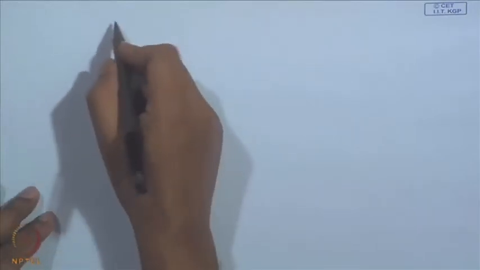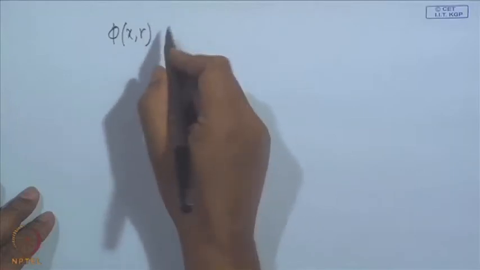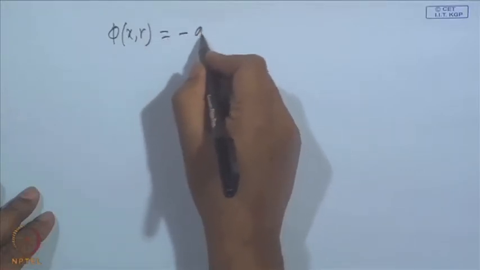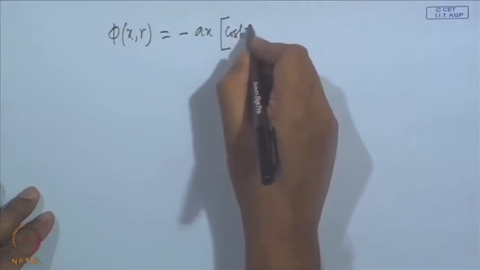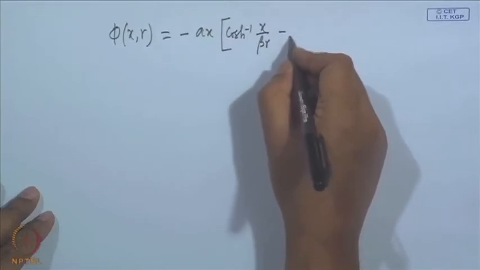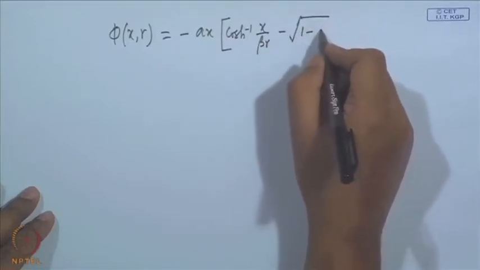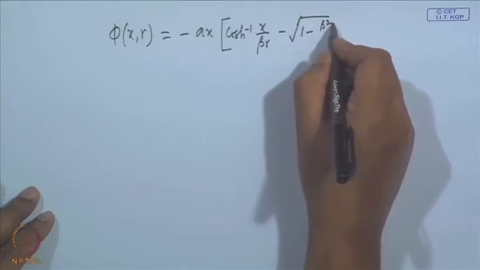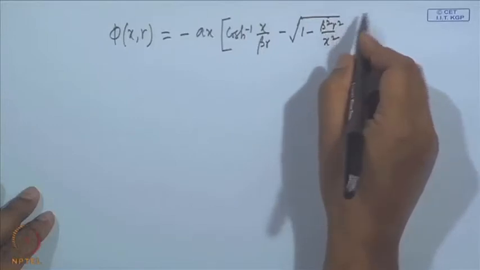Or let us write the expression once again: phi x r is minus a x cosh inverse x by beta r minus square root of 1 minus beta square r square by x square.